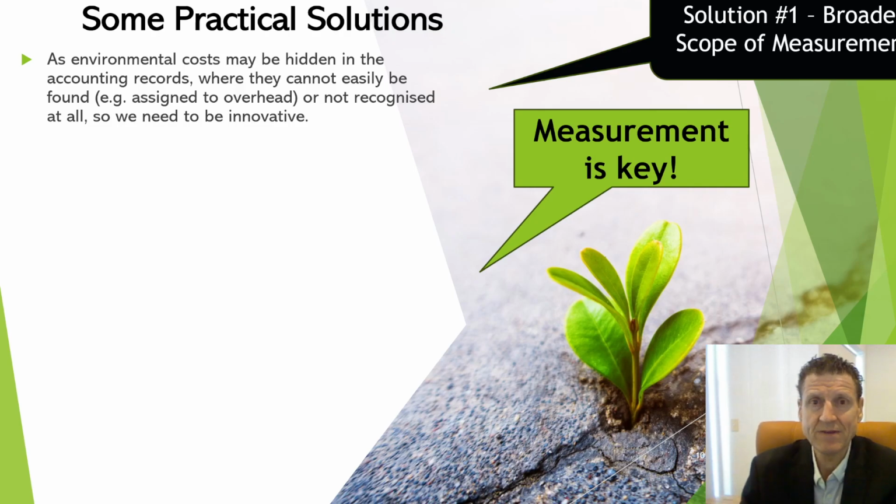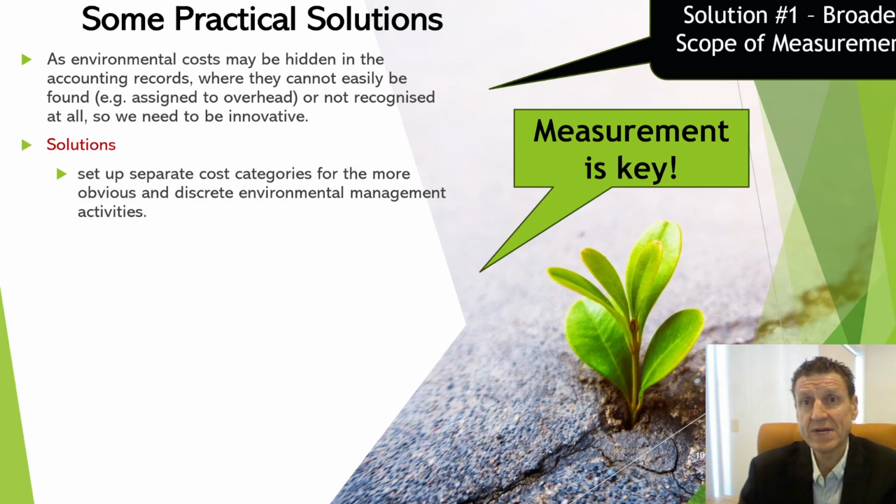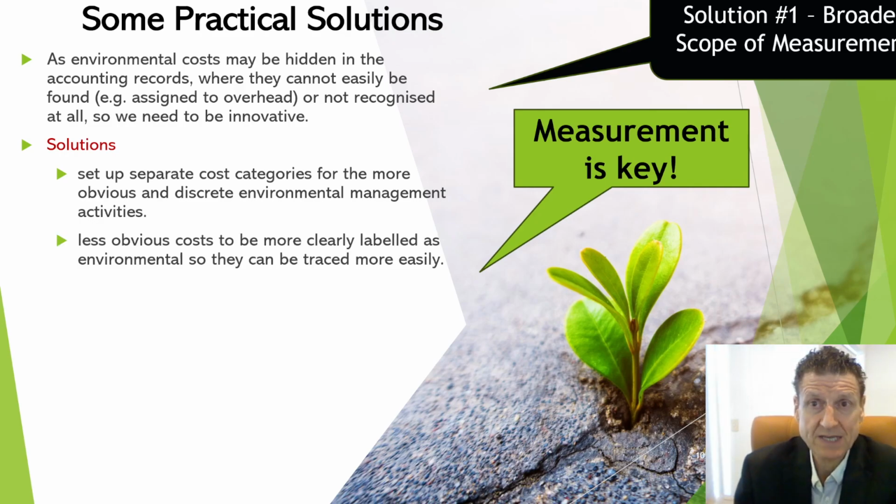So we need to innovate, we need to investigate, we need to do more digging on actual transactions. So we need to set up cost categories for more obvious and discrete environmental management activities. There are less obvious costs to be more clearly labelled as environmental, so they can be traced more easily.